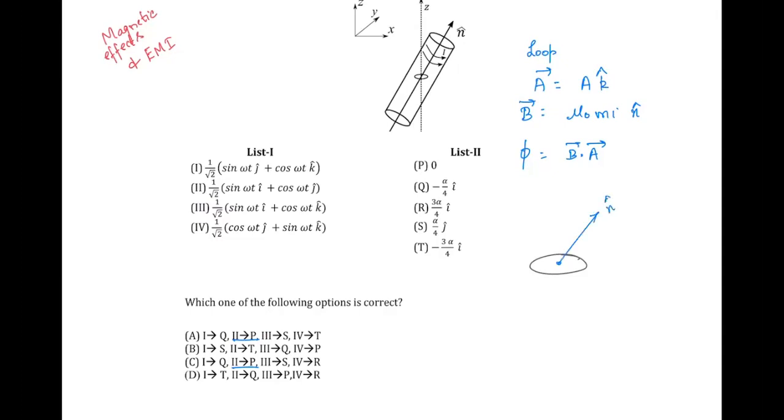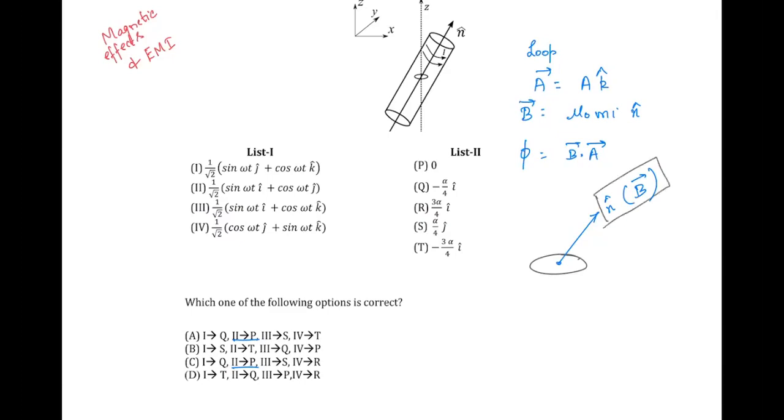N cap is going to be the direction of the external field, because the external field is in the direction of n cap. And M cross B should be pointing in the i cap direction. And that is what we need, right? So you identify the case where M cross B is going to be pointing along either i cap or minus i cap. That is what you need to be seeing for the fourth one.